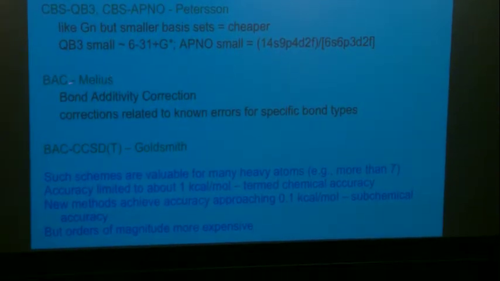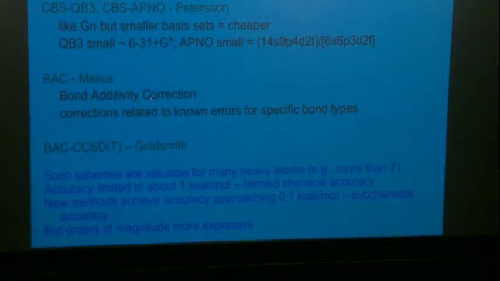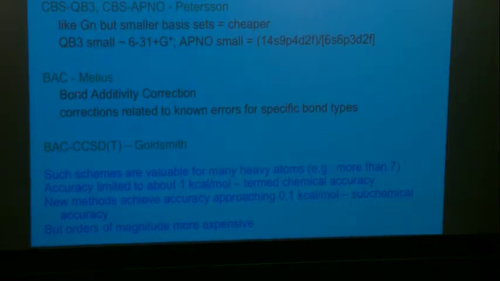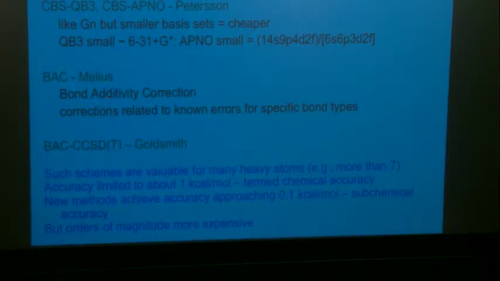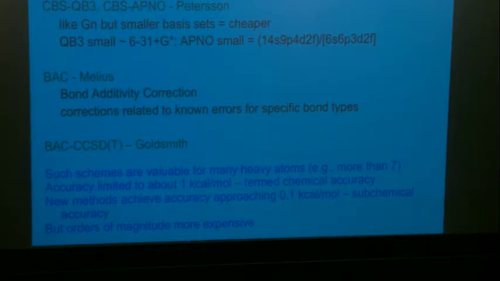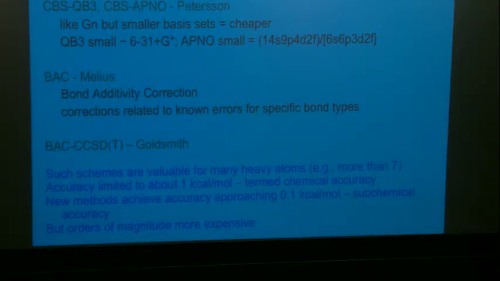Melius, who used to be at Sandia, I think he's at Lawrence Livermore now, came up with, or really popularized, something called a bond additivity correction. With that approach, you count how many bonds you have of each type, and you can make a correction based on the different numbers of bonds.